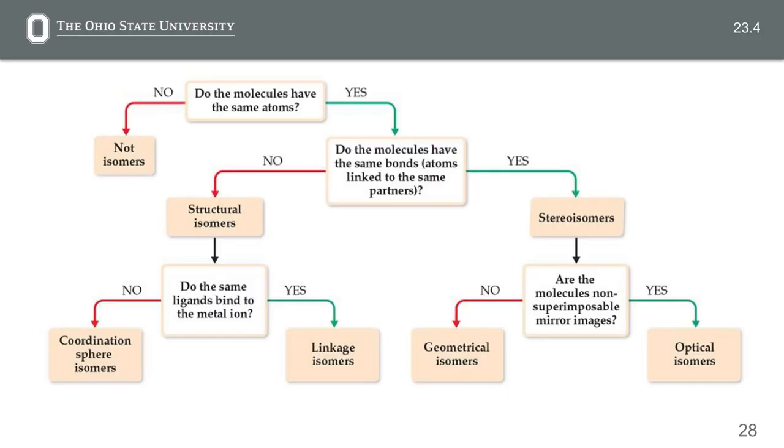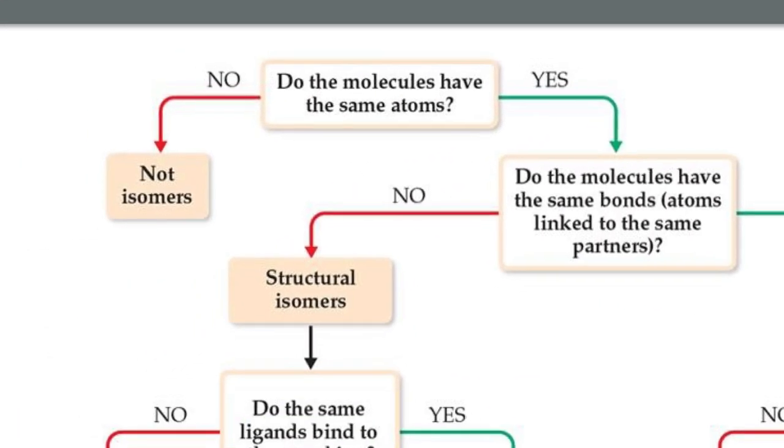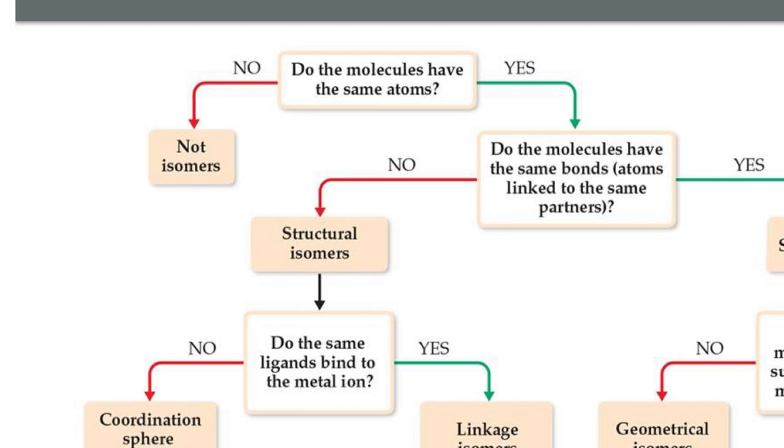So there is a really nice flow chart, I believe from your book, that walks you through determining whether or what type of isomers are present. You can walk through this and say, do the molecules have the same types of atoms? If they don't, then there's no chance that they're isomers. Okay?